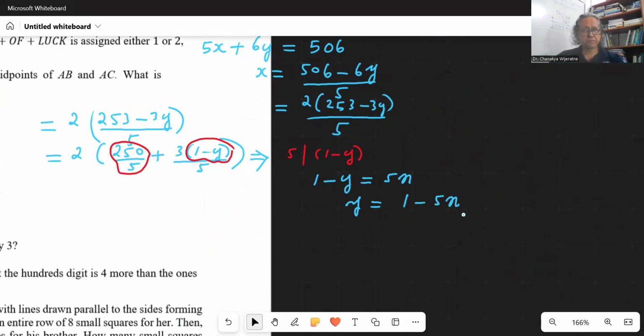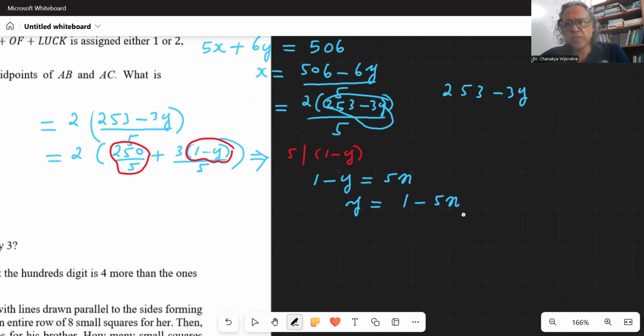Now x has to be positive, so 253 minus 3y has to be greater than 0.